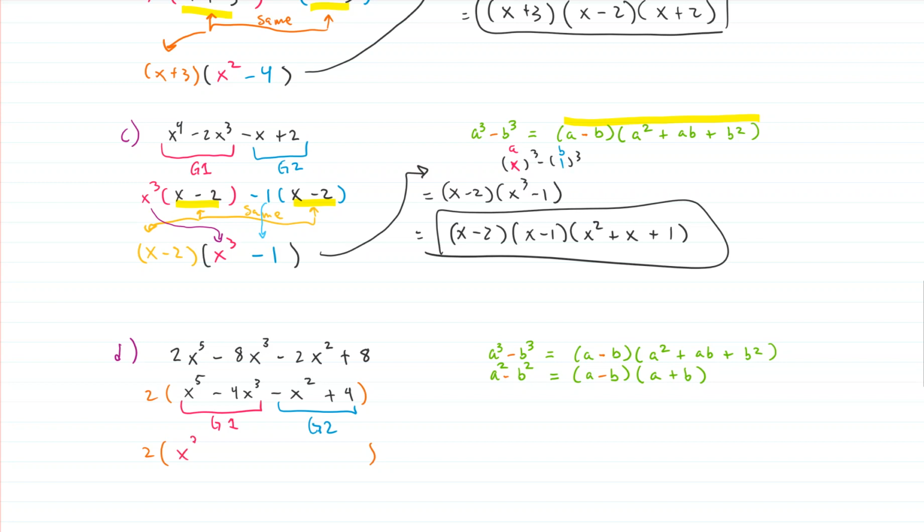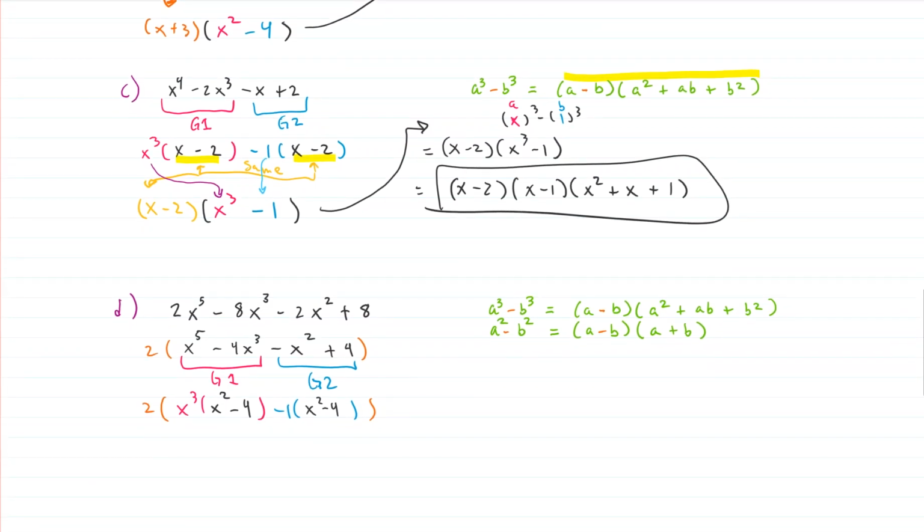So let's do that. x cubed, and what's left over? x squared minus 4. And group 2 has nothing in common, so let's just pull out a negative to make it fit the x squared minus 4. So we pull out a negative 1. Then what's left over is x squared minus 4.